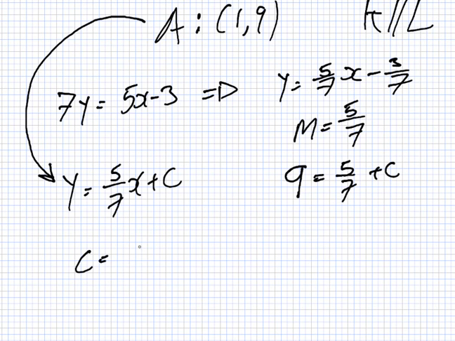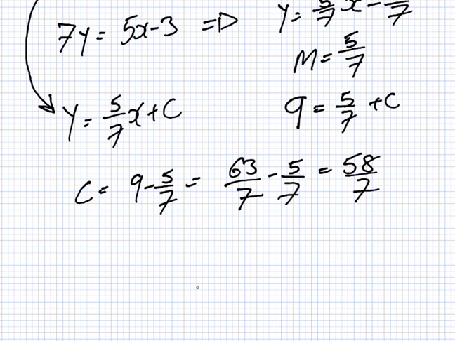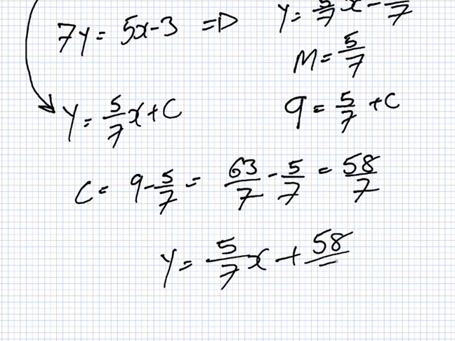C equals 9 minus 5 over 7, which is, hang on, over 7, 63 minus 5 over 7, isn't it? 58. That's what I said, isn't it? Yeah. Okay. So I have my answer. y equals 5 over 7x plus 58 over 7. Oh, yeah, plus, yeah.